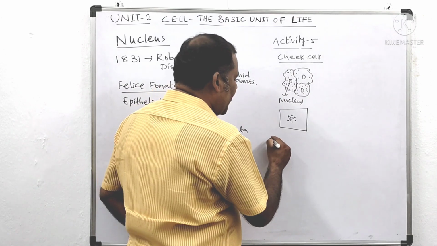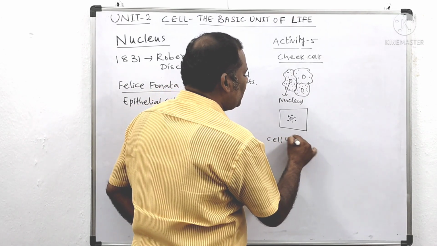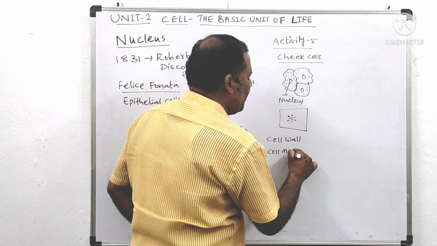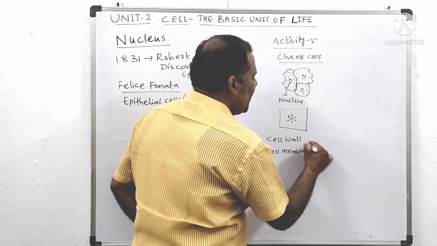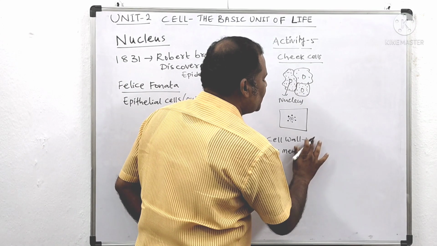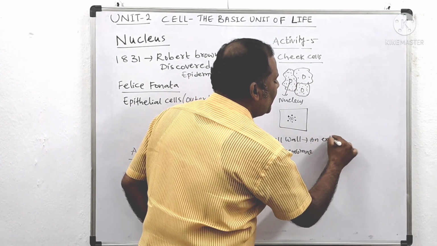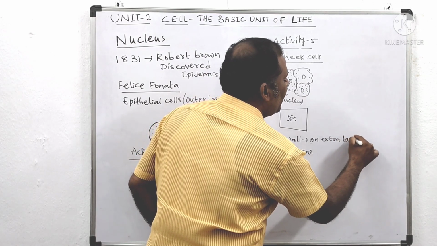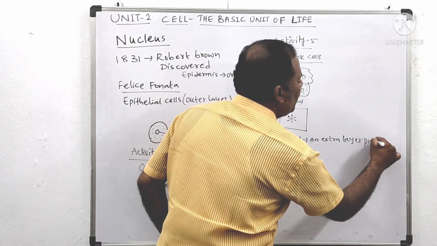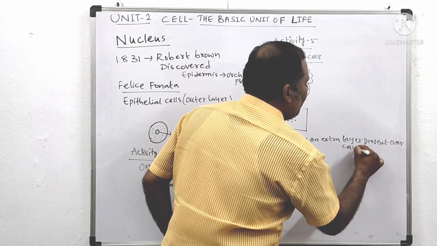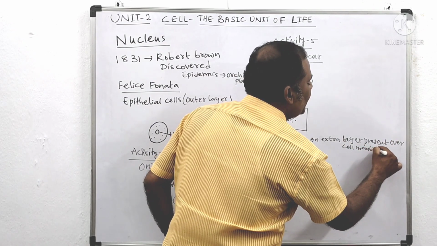Now we have to know about the cell wall and next the cell membrane. Cell wall and what, Anna? Cell membrane. The cell wall is an extra layer present over the cell membrane. Present over what, Anna? Cell membrane. It is present only in the plant cell.